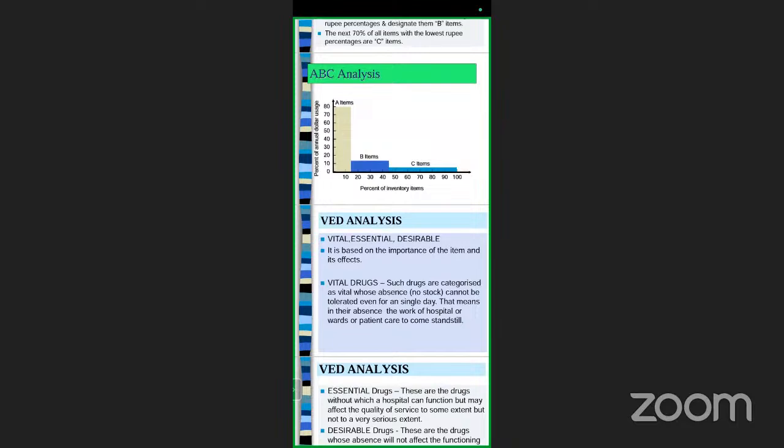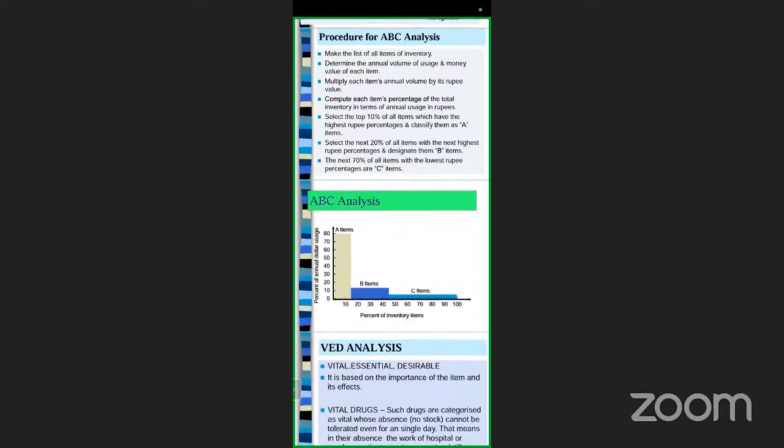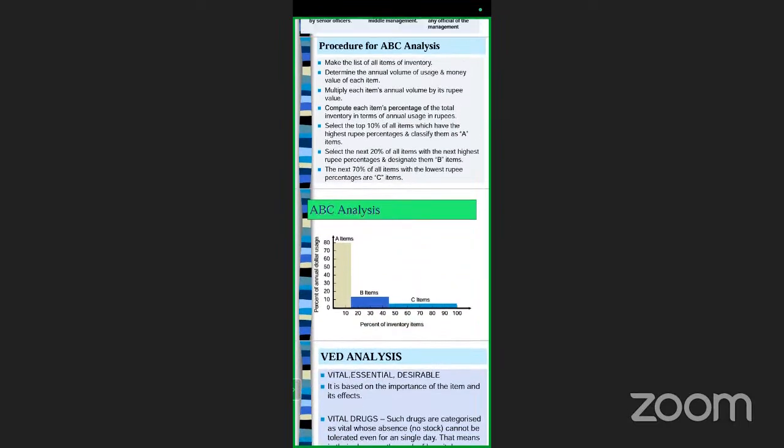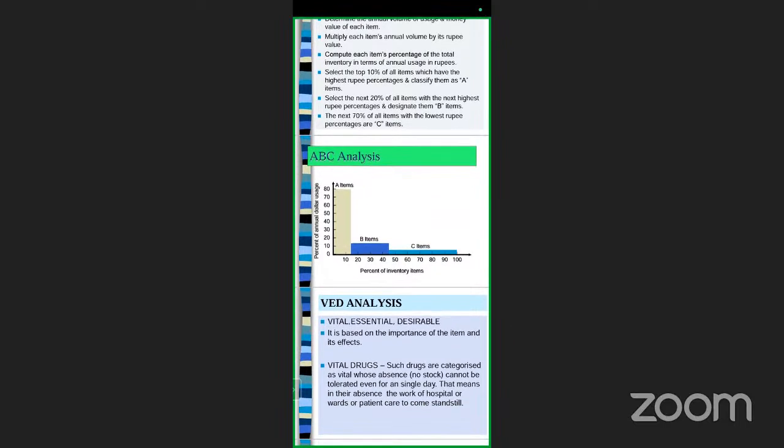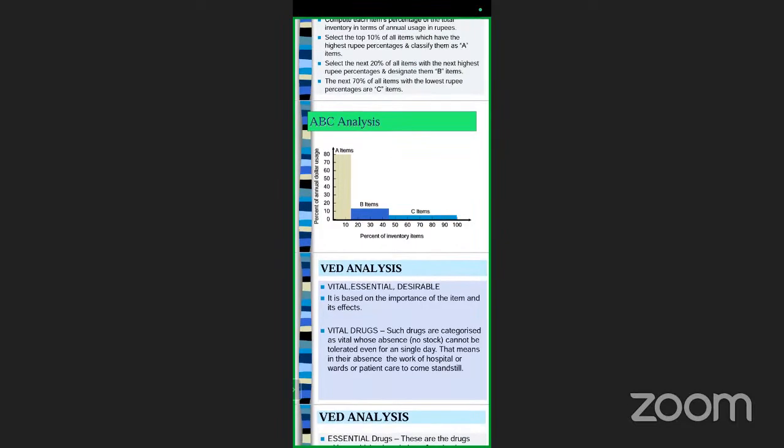B items are how much percentage? 20% items. C items are the remaining 70% items. It is calculating 20%, 30%. Keep it in that. The only sum calculated here is that you need to divide the items in this way.